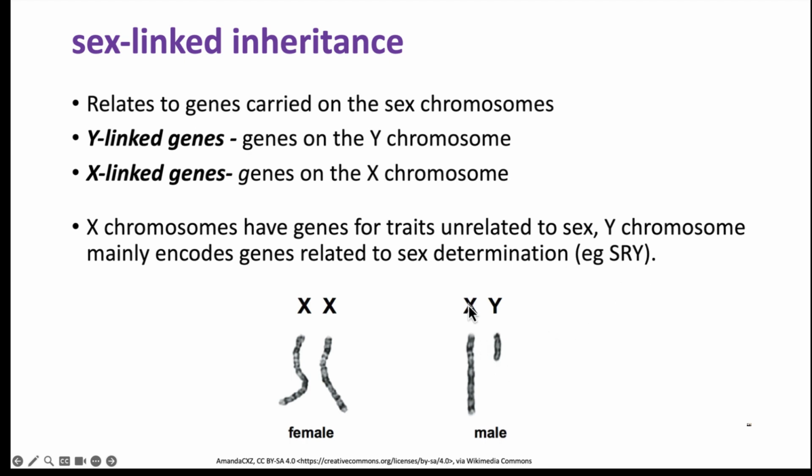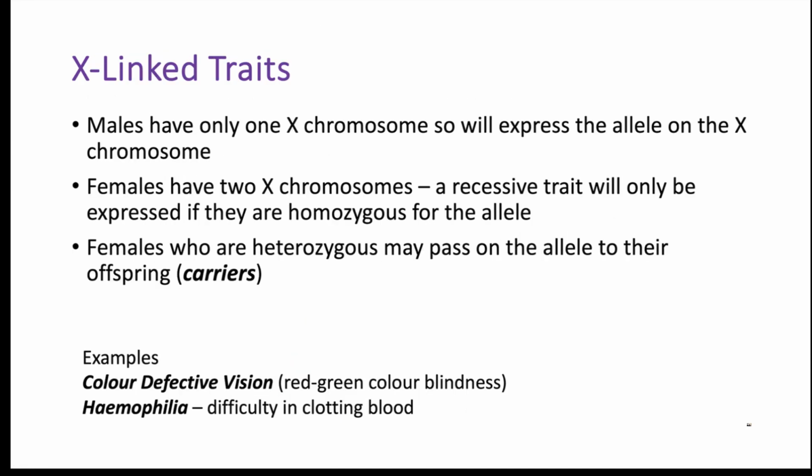Males have an X and a Y chromosome, so they've only got one X chromosome. And because males have only one X chromosome, whenever the allele is on the X chromosome, it's going to be expressed. Now, females have two X chromosomes, so a recessive trait is only going to be expressed in the homozygous.